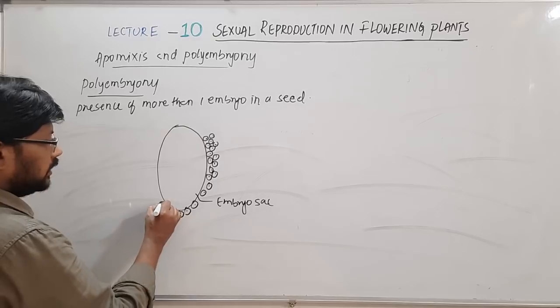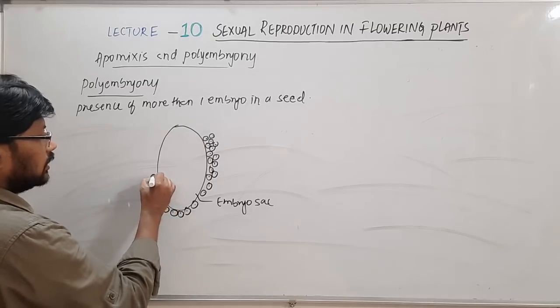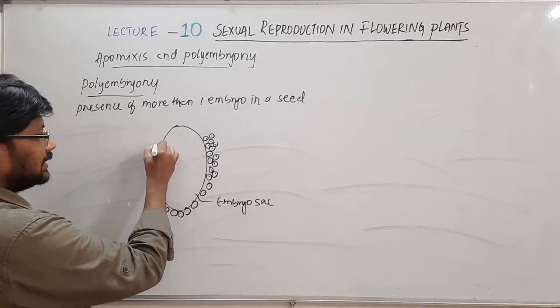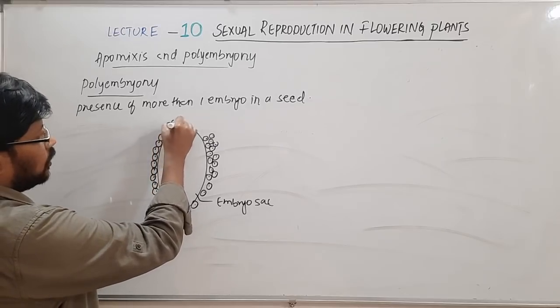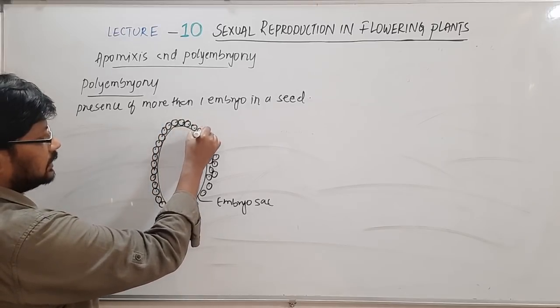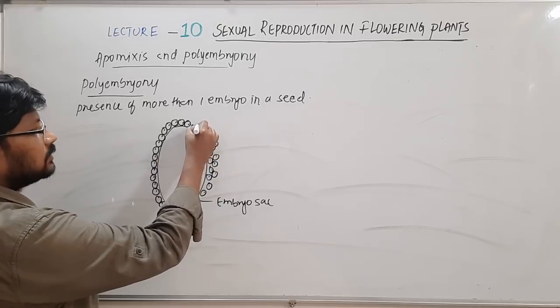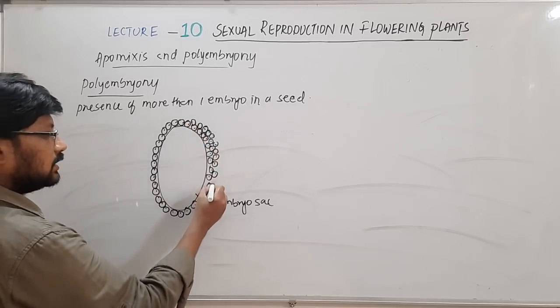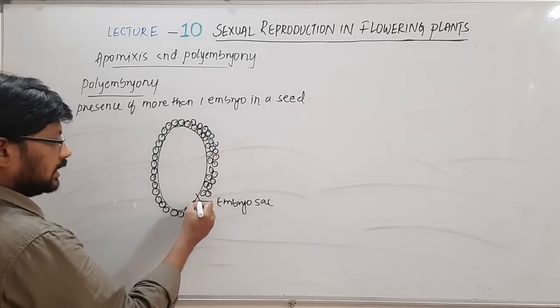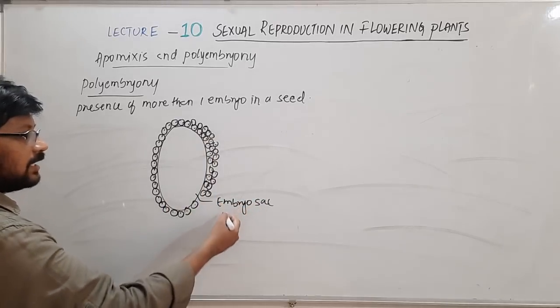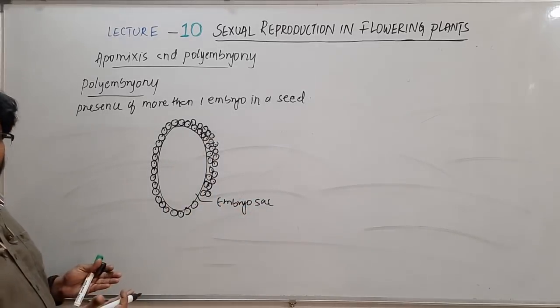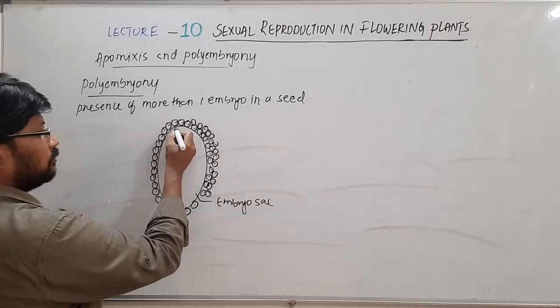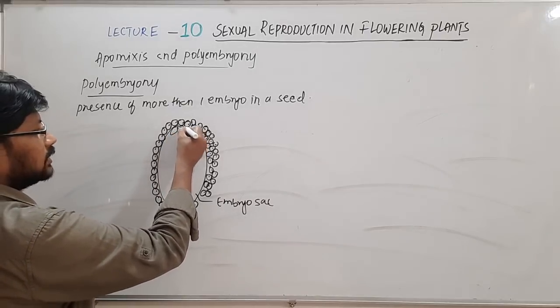I hope you remember the ploidy of nucellus cells. The ploidy of nucellus cells is diploid, so all these are diploid cells that surround the embryo sac. Of course, the embryo sac is haploid, containing these antipodals, which are haploid.